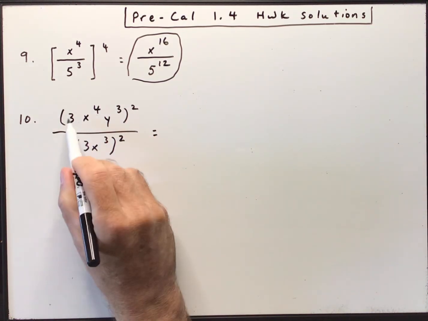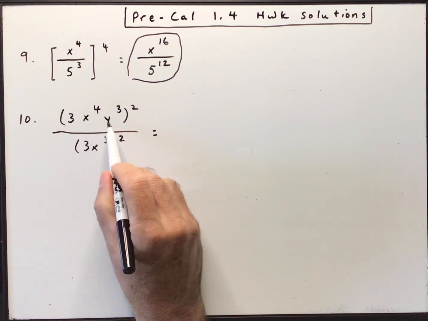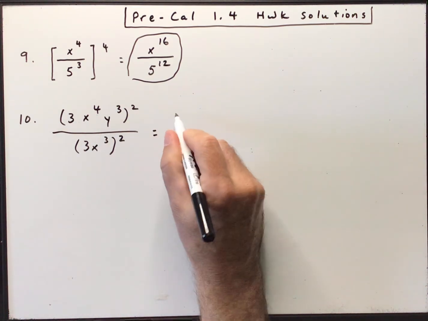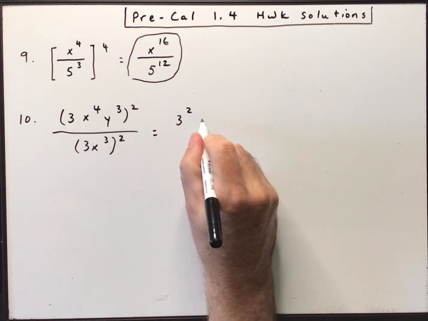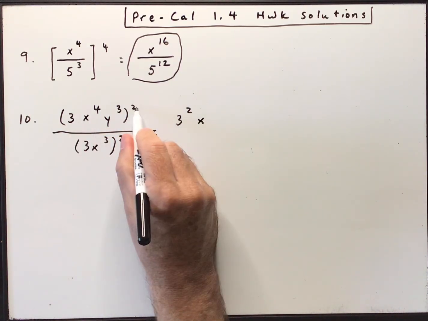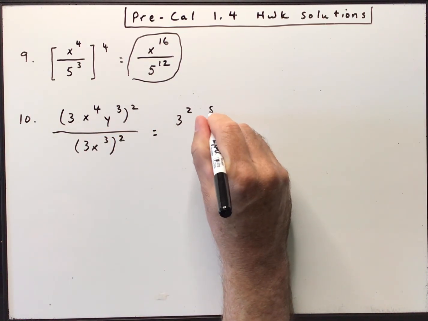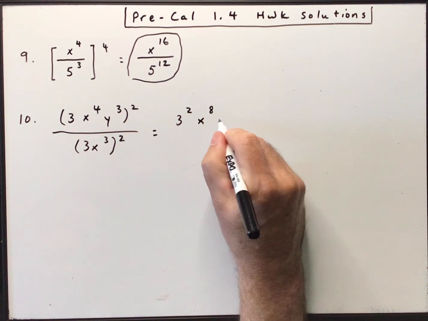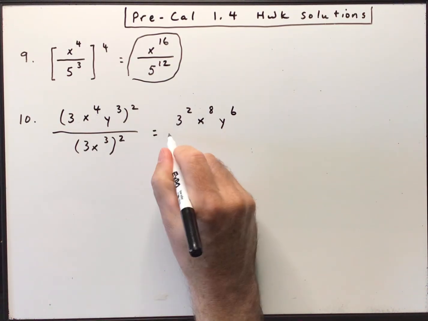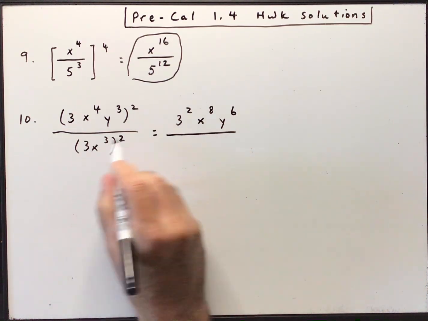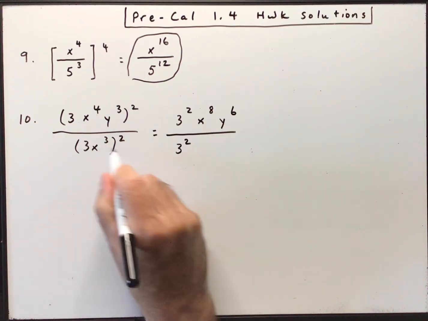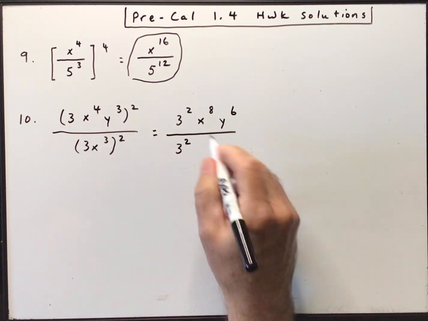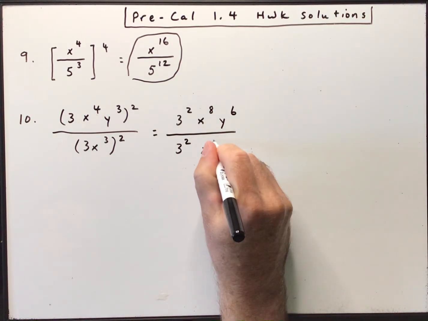So you're going to take each component and square it. So that's going to be 3 squared. 4 times 2 would be 8, so that's x to the 8th. 3 times 2 is 6, y to the 6th. And then over 3 squared, and then x cubed squared, that'd be 3 times 2 is 6, x to the 6th.